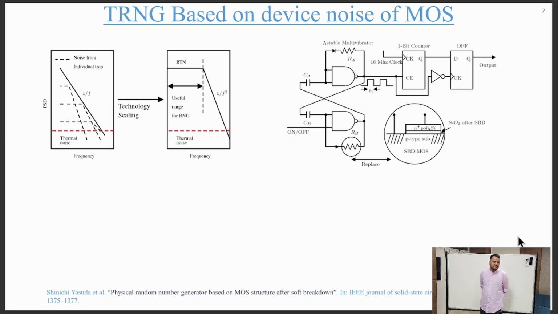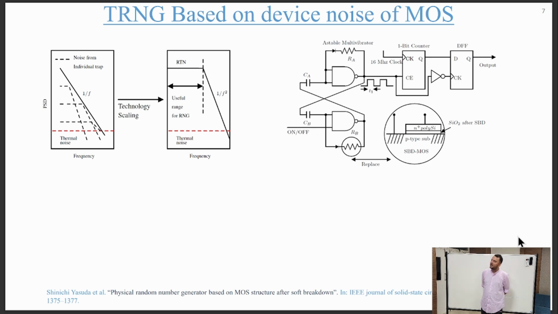So now we'll look at some existing work on TRNG. This is a broadly classified class of TRNG based on device noises such as random telegraph noise and soft breakdown noise of MOS.